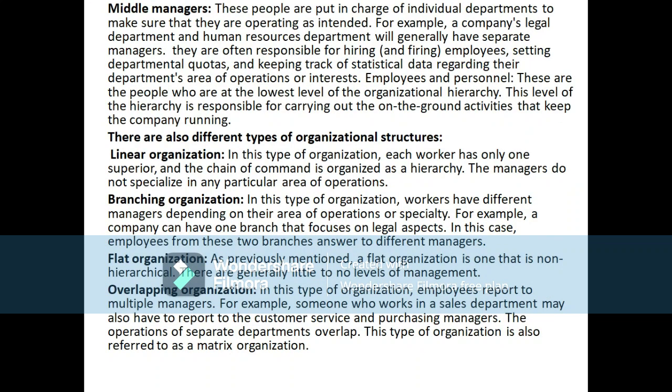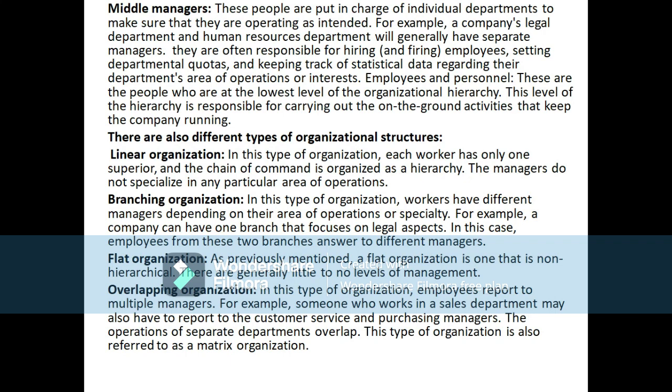After vice presidents, we see the middle level managers. We can consider them the functional heads. These people are put in charge of individual departments to make sure they are operating as intended. For example, a company's legal department and HRD will generally have separate managers. They are often responsible for hiring and firing of employees.